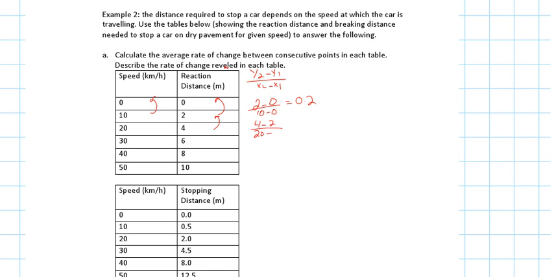Then it's going to be 6 minus 4 over 30 minus 20. 8 minus 6 over 40 minus 30. So that's going to also be 0.2. And then 10 minus 8 over 50 minus 40, that's also going to be 0.2.